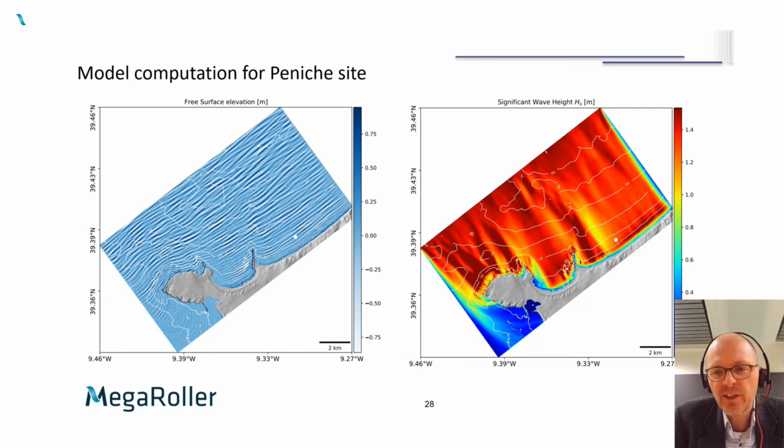With those types of assessments, the AWE team, or the people in charge of the deployment, can choose the best location where they think they can get the best compromise between energy uptake and stress on the equipment. All this can be done with the mega roller, and it's summarized in our report, the deliverable.